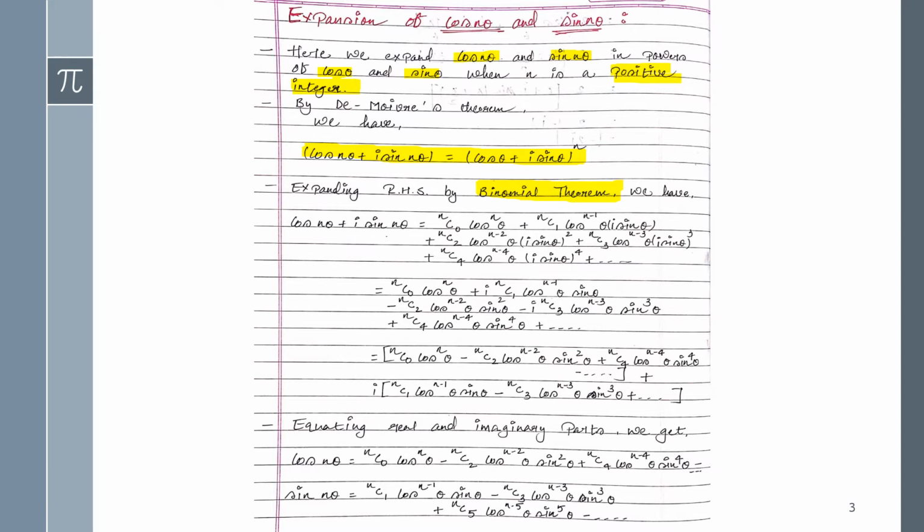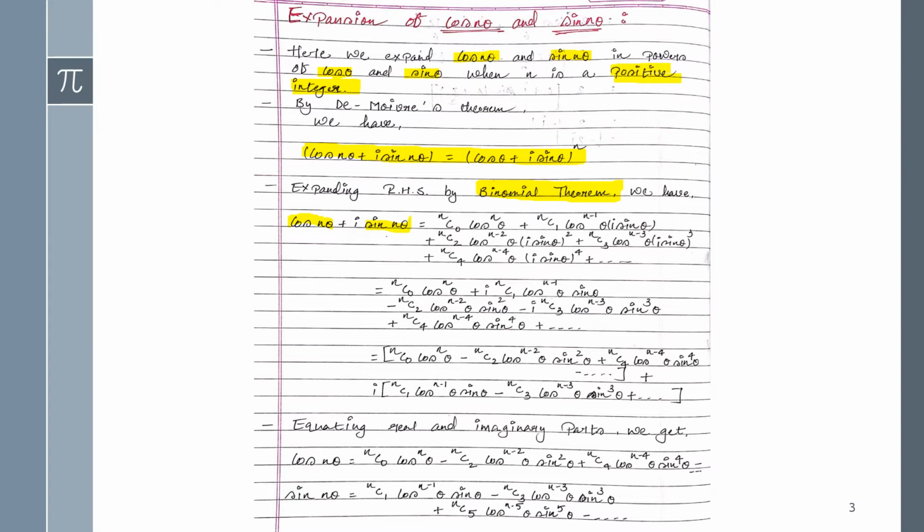So this one will be your A and this one will be your B, or you can say X or Y. So the first term will be nC0 cos raised to n theta, plus the second term, in place of nC0 now comes nC1, then nC2, then nC3, and this way the number keeps increasing.